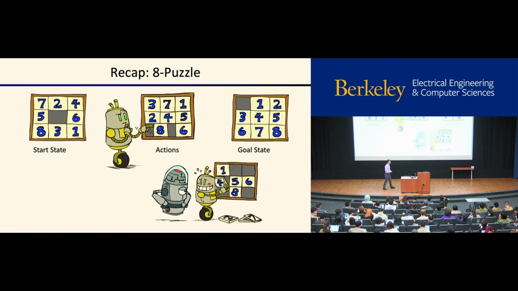We also talked about Manhattan distance on the tiles, right? So I drew this picture, but I'll draw it again. If the 7 is out of place here, and we know the 7 needs to go to this particular spot, we can draw the Manhattan distance to where the 7 needs to go, and then we can do that for all the tiles, and that's another heuristic that we could use.